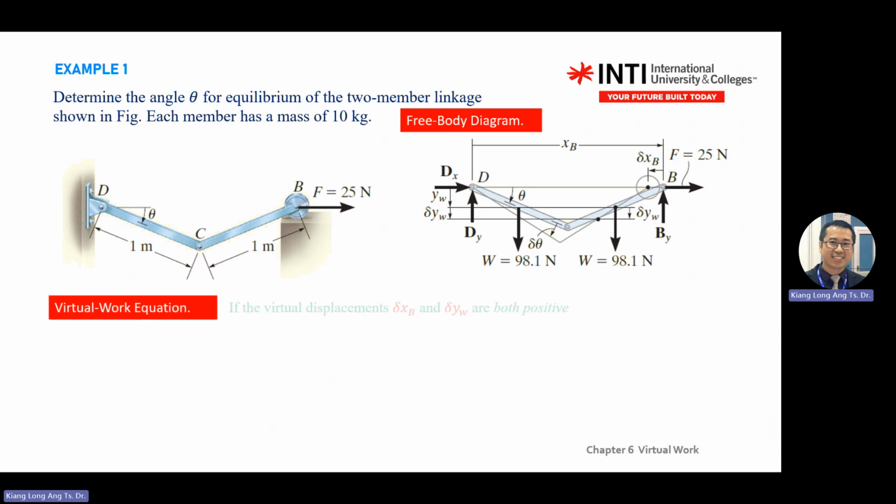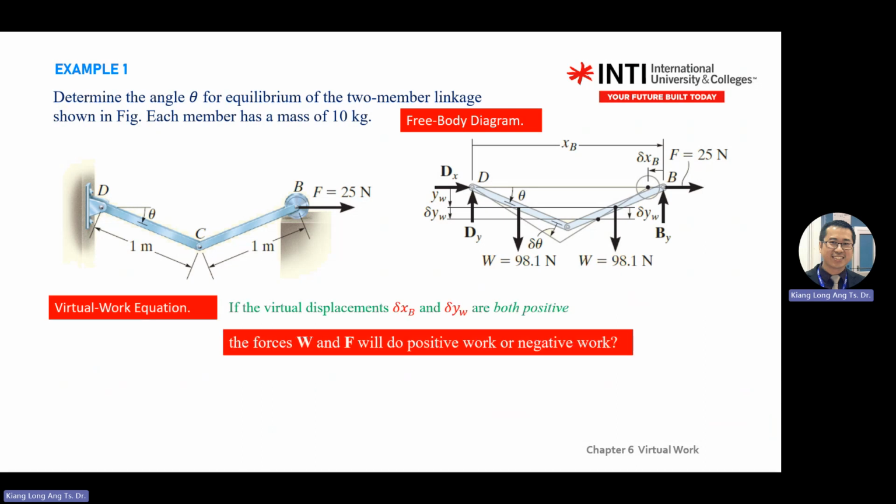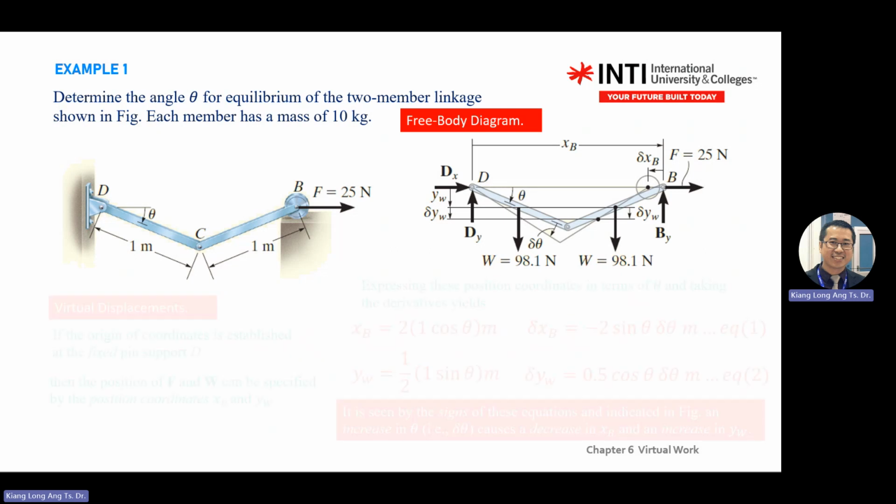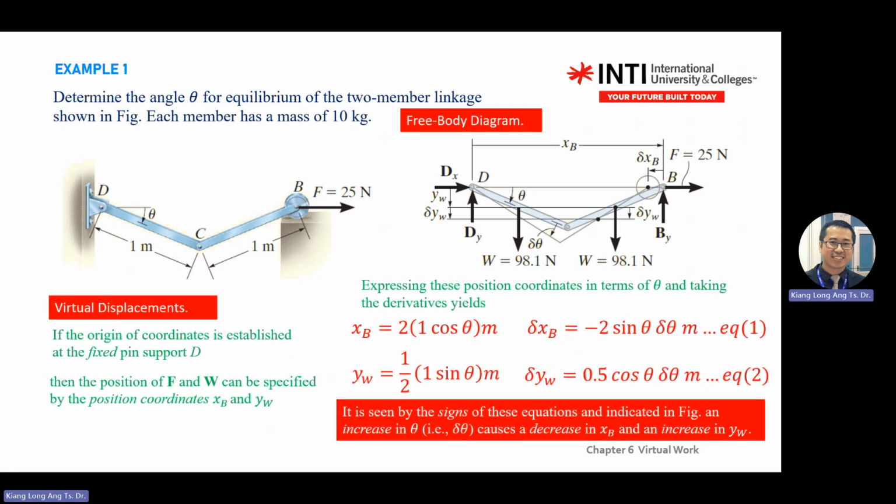All right. So you do the virtual work. In the virtual work equation, again, the work vector must be parallel to the direction, so you get positive work. If the virtual displacement xb and yw is positive, for xb you know that to the right is positive, because in this case there is a negative sign there.